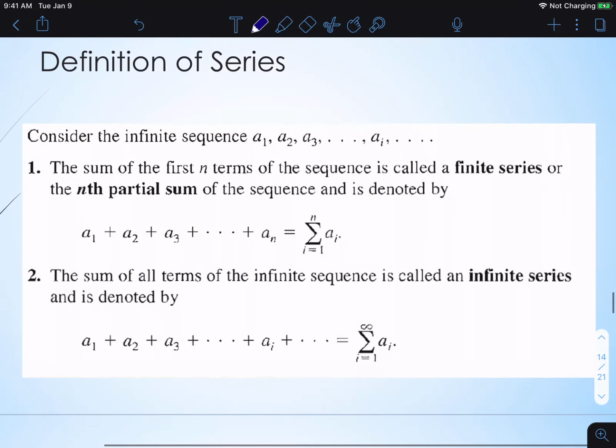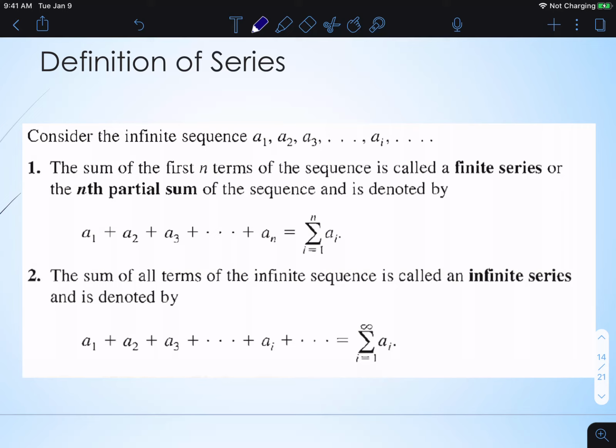All right, so moving right along, we're talking about the definition of a series. Consider the infinite sequence a sub 1, a sub 2, a sub 3, all the way through to a sub i, and on and on. That dot, dot, dot means that we just keep on continuing infinitely.